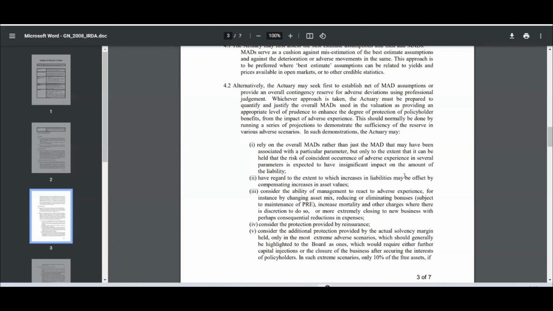So the actuary should consider how the increase in liabilities is offset by the increase in asset. What this means is that the discount rate used for liabilities would be the yields determined by the asset with some adjustment. Because if the yield increases, obviously the liability decreases, and the asset value decreases as well.